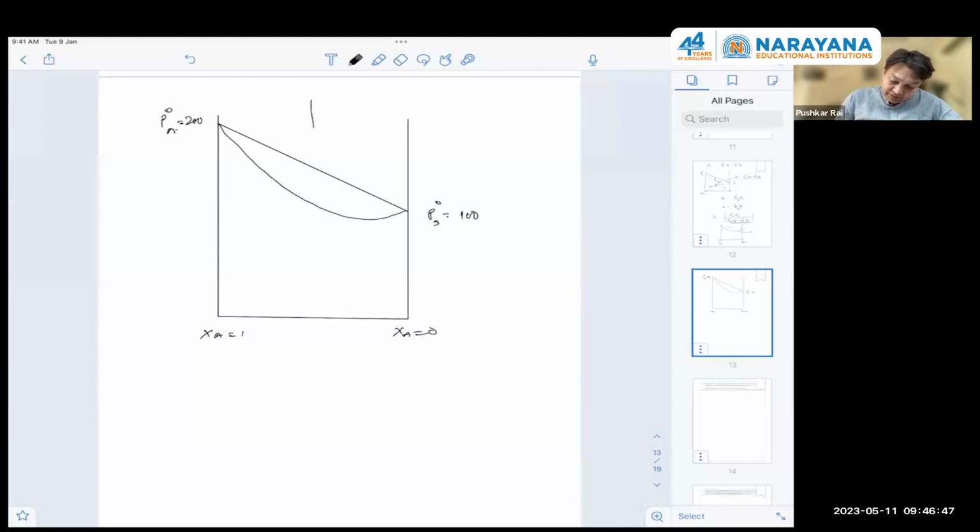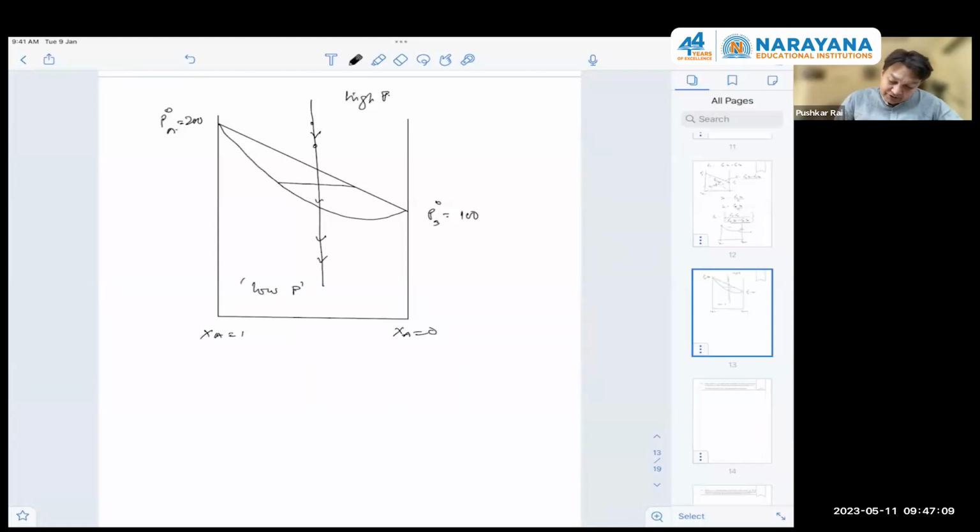And I make a line over here like this. So this line means what? You are decreasing pressure. This is high pressure and this is low pressure.